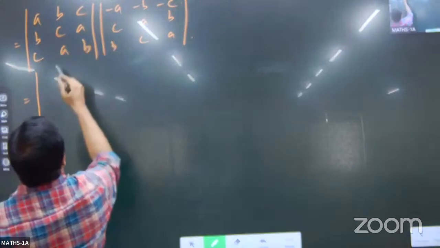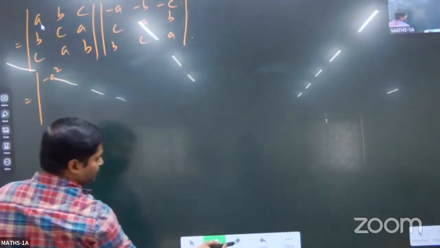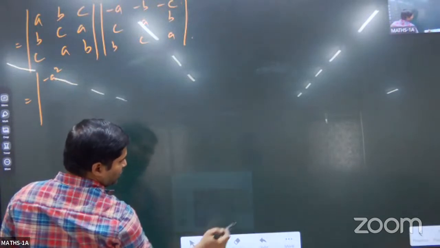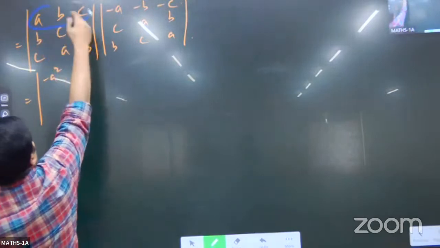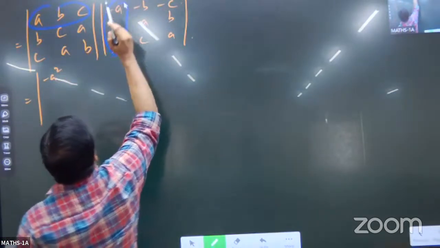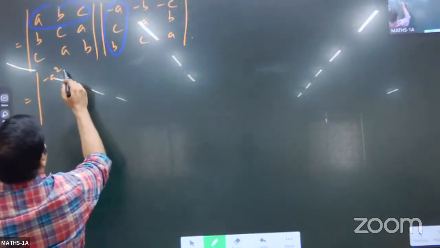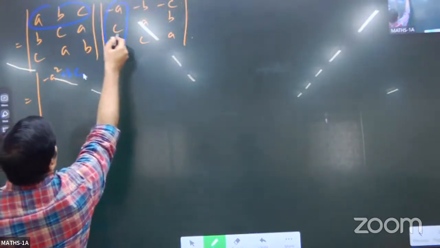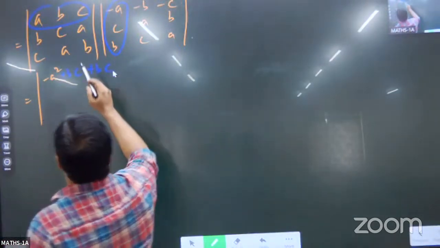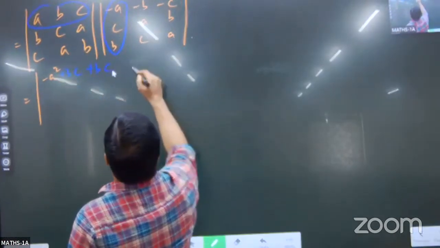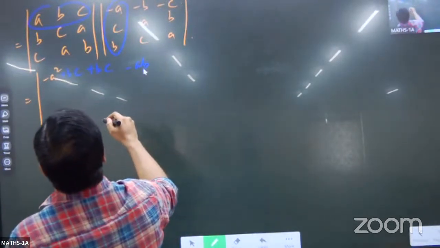First row with first column: that is minus A square, B into C, that is plus BC. Next, C into B, again plus BC only. Is it clear? Next, first row with second column: minus AB.